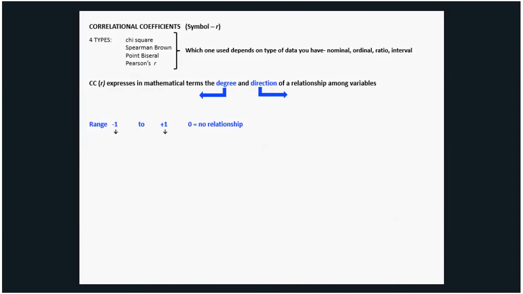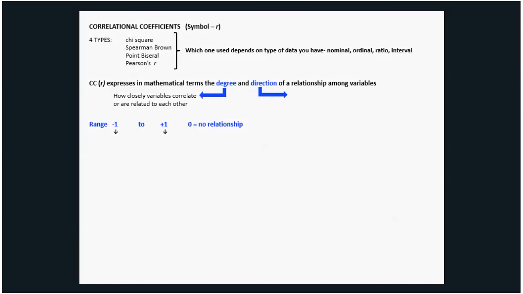Now, the thing to remember with a correlational coefficient is it expresses in mathematical terms the degree and the direction of a relationship among variables. So when we talk about degree, how closely are the variables correlated, or how closely are they related to one another?